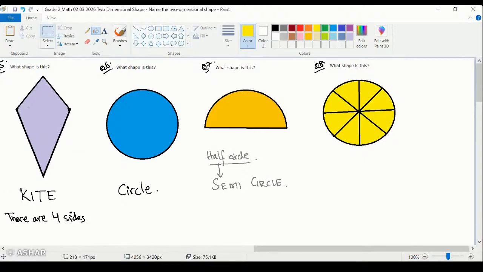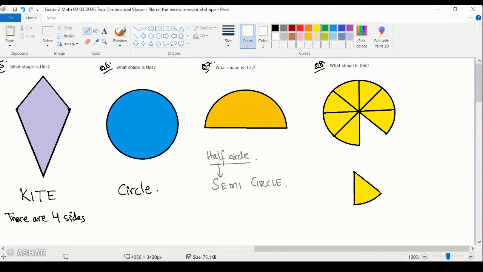So if we remove one slice, just a moment. If we remove a slice from this, let me clear this. If we ate one slice, right, then this one slice also has a shape.